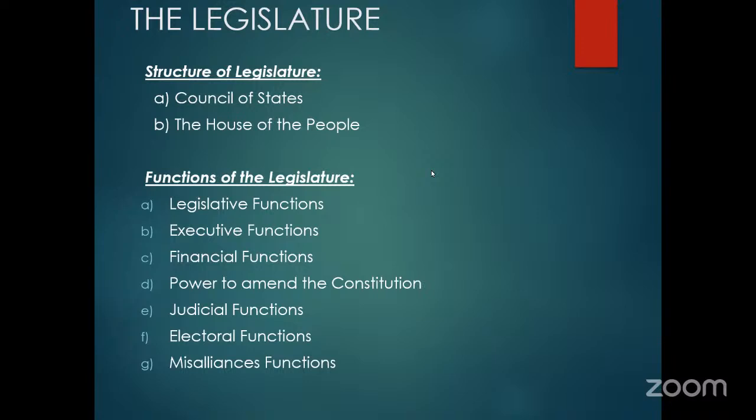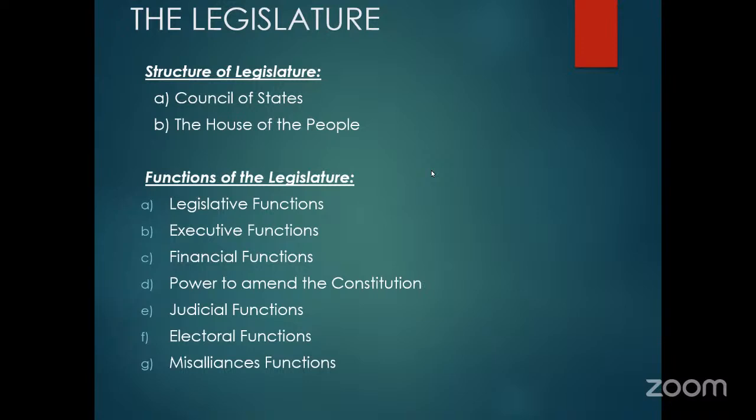This third category applies when the policy impacts the federal system, the federal nature of the state. If it is impacted, then half of the states' consent must be taken into consideration. Example: GST.